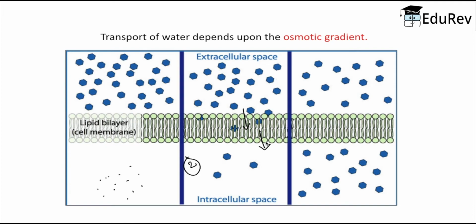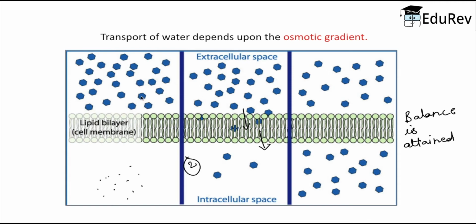They keep on entering till the balance is attained. In the third picture, you see that the balance of the salt or other molecules and water is now attained. So this is what osmosis is.